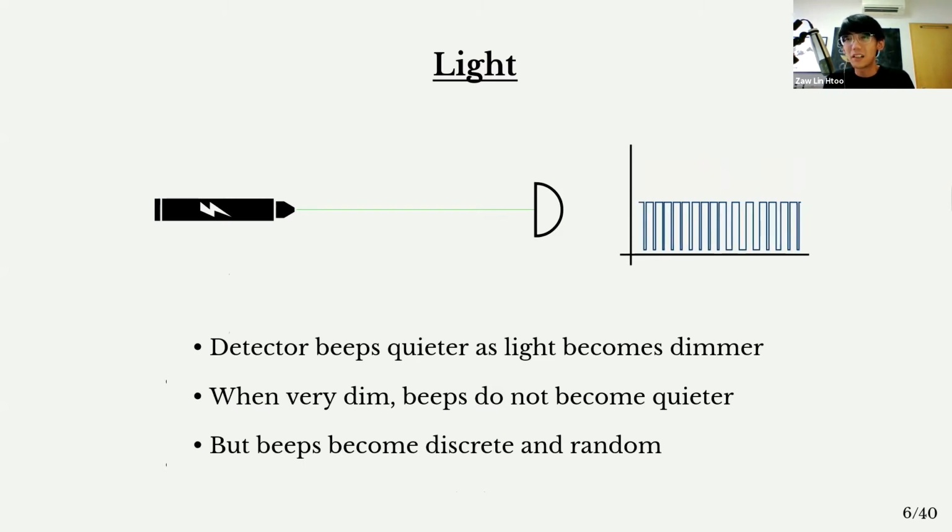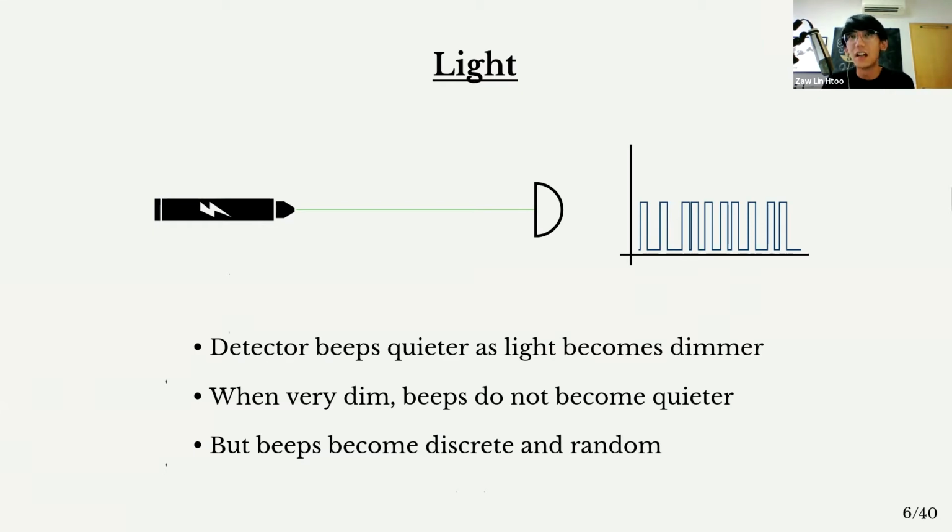If you see the graph on the right, this is what you'd see if you plug the detector into a computer or listen to its sound. When it gets very, very dim, instead of going to zero, the signal or the sound is at the same level, except that it becomes discrete and random.